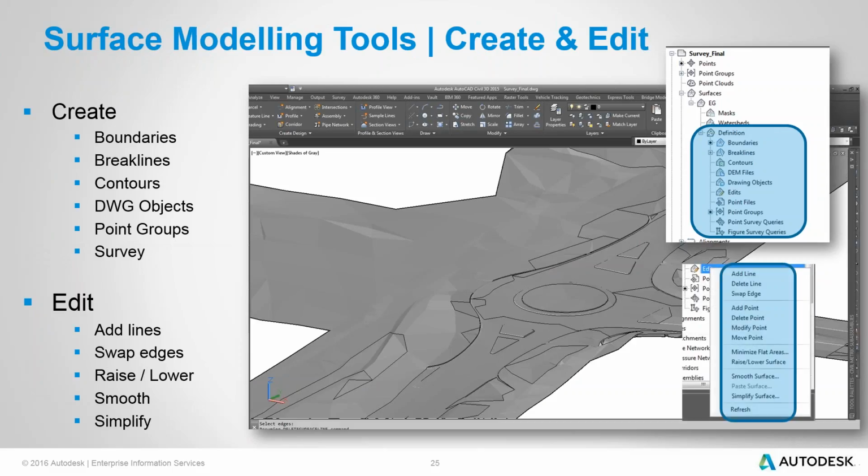We can edit those, adding boundaries, swapping edges, raising and lowering, smoothing, and simplifying. These operations get stored in the surface object itself and can be changed, and we can change the order of these operations. We can also switch them on and off should we want to preview an operation.